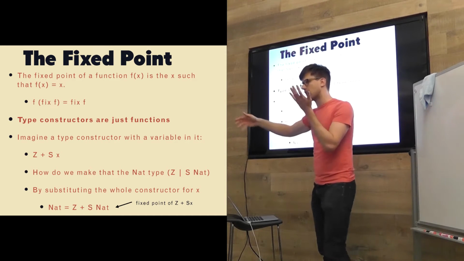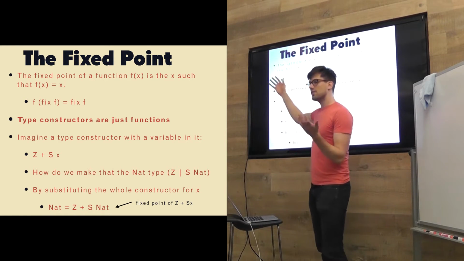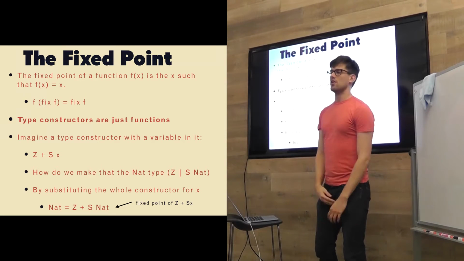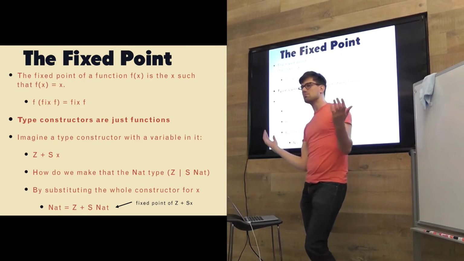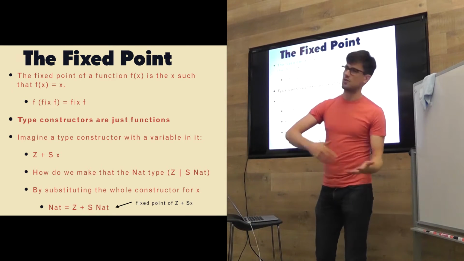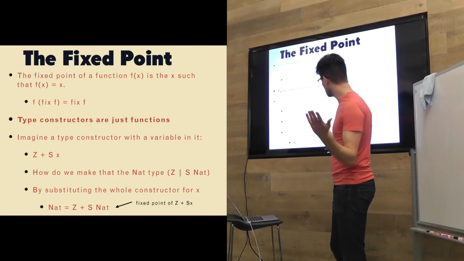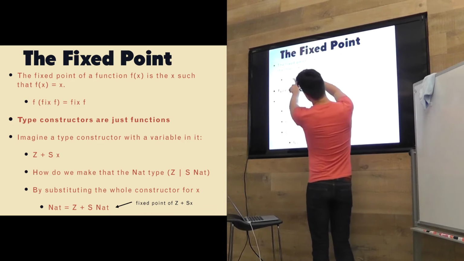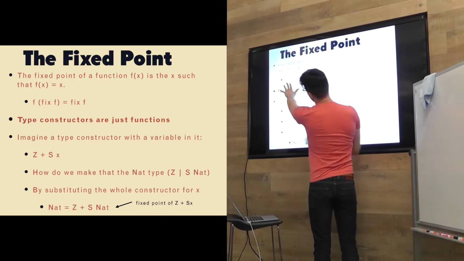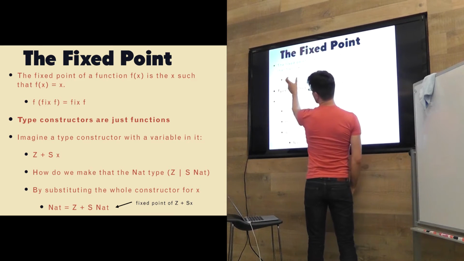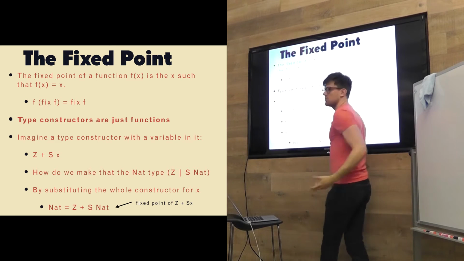Basically, a fixed point of a function is something you can put into the function that comes out unchanged, right? So like, say my function is double. If I put 0 into that, it's still 0. 0 is a fixed point for the function double. Cool? And so you can represent this as f of its fixed point equals that fixed point.